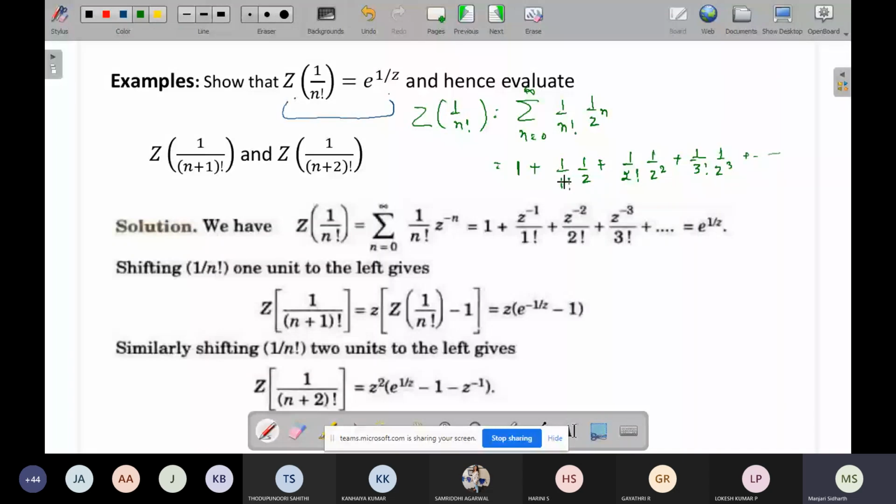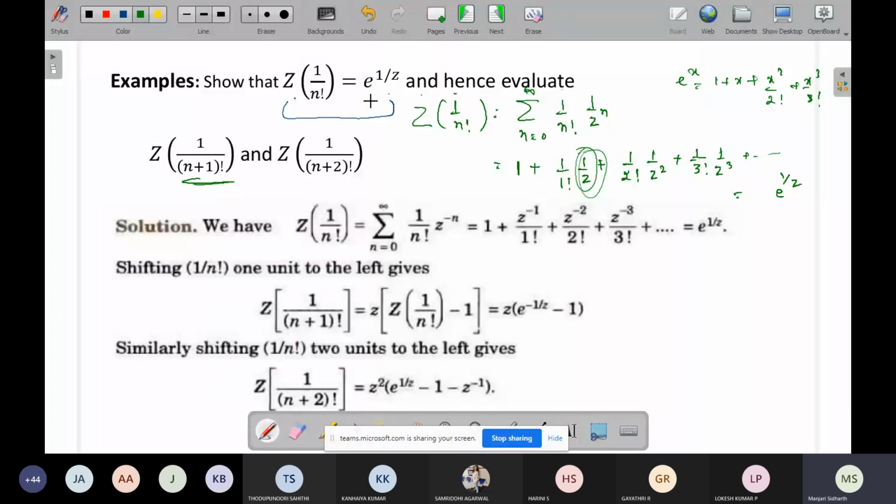You can see that this is the exponential series, e power x equals 1 plus x plus x square by 2 factorial plus x cube by 3 factorial and so on. So here x is 1 by z. That means it is e power 1 by z. So proved.